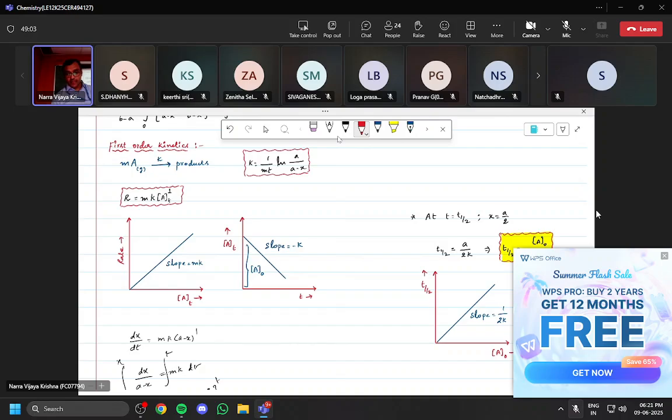So the same equation can be written as k equal to 1 upon mt log a naught upon At. Any questions in this? Is it acceptable or not?